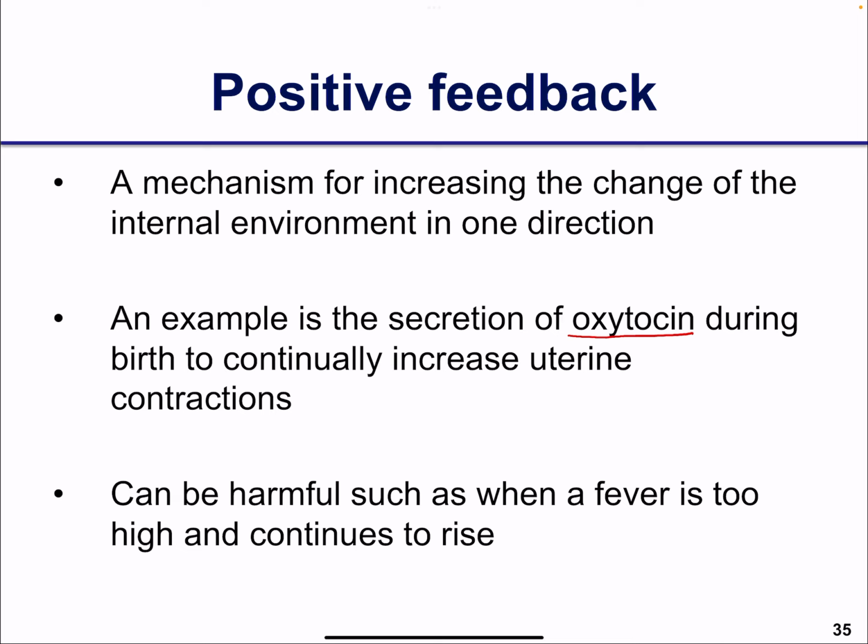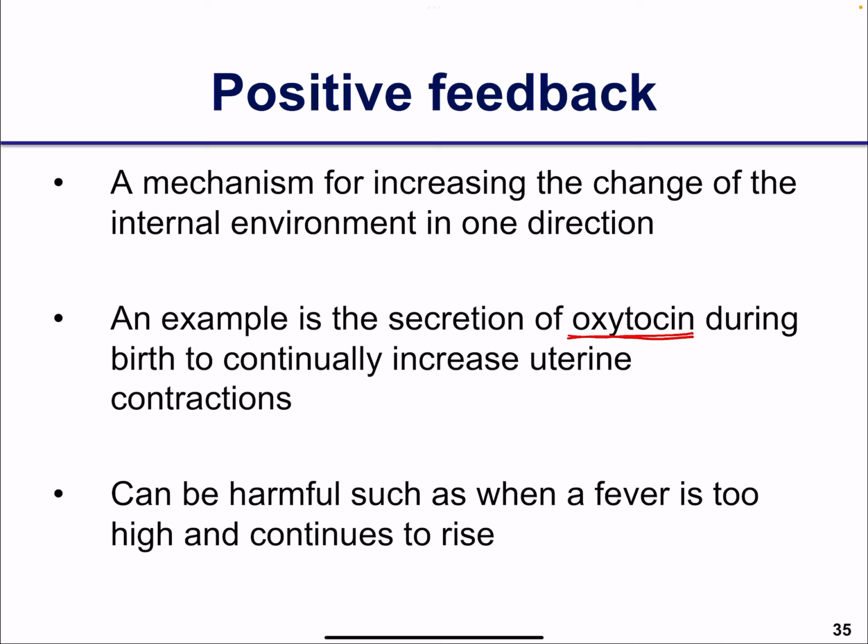By being upside down, the baby is going to press their head against the cervix of the reproductive organs, so that the pressure is going to trigger the body to release oxytocin. Now oxytocin is going to circulate in the blood and cause the contraction of the uterus.